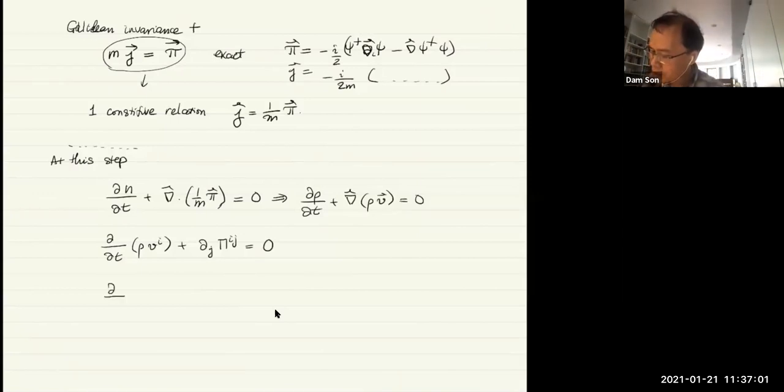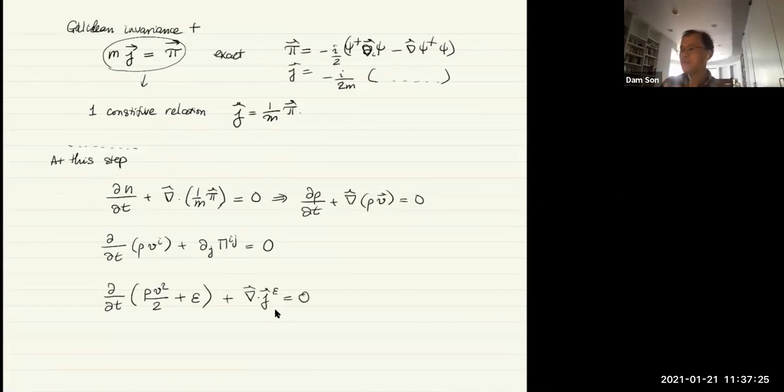And the third equation, d over dt of the total energy, rho v squared over 2 plus some internal energy epsilon, that's the energy in the rest frame of the fluid, plus grad_j of j epsilon equal 0. Okay, any question so far about this?